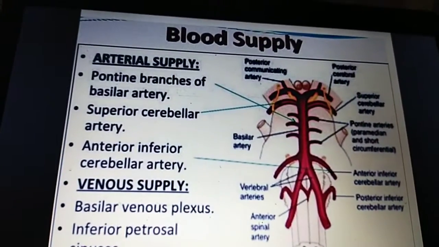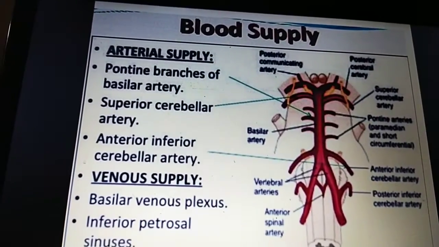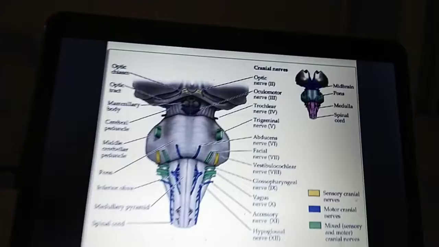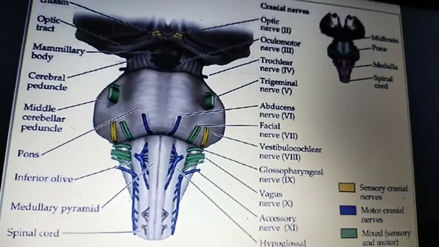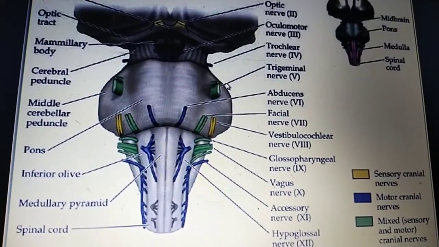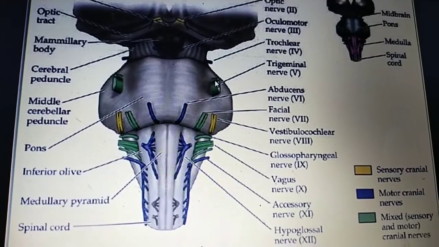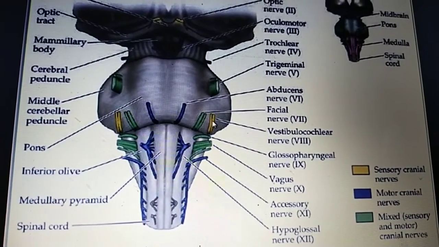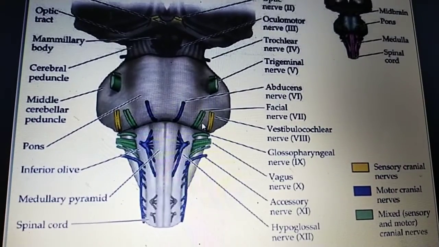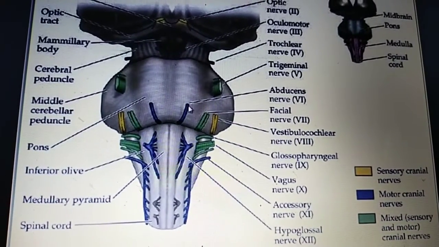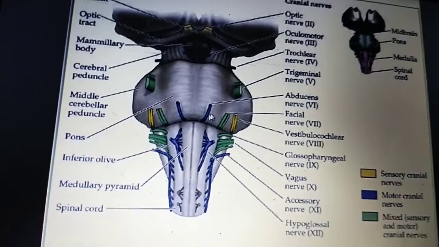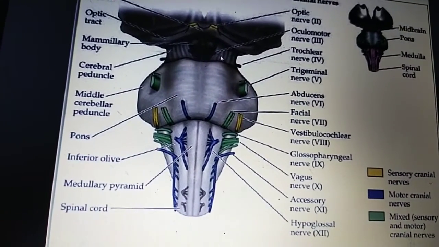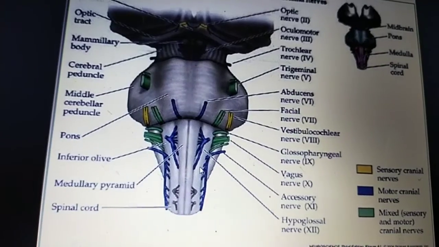Now, you can see here the origin of the nerves. This is the trigeminal nerve, this is the motor, and this is the sensory. This is the vestibulocochlear nerve, this is the facial nerve, and this is the abducent nerve. This is the pons, this is the medulla oblongata, and this is the midbrain.